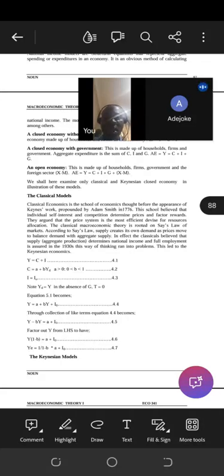If you want to calculate your national income using the aggregate expenditure approach in a closed economy, you are not open to importing and exporting.